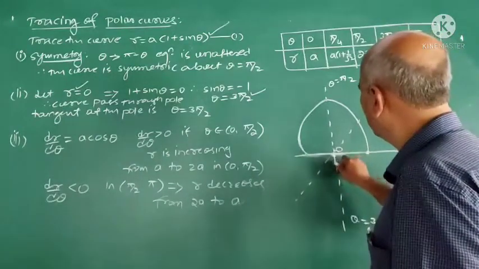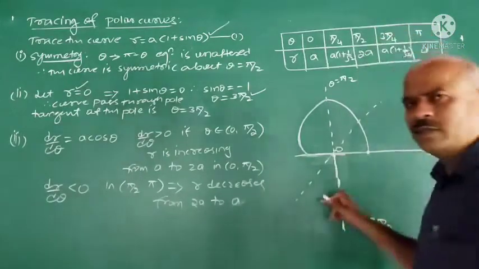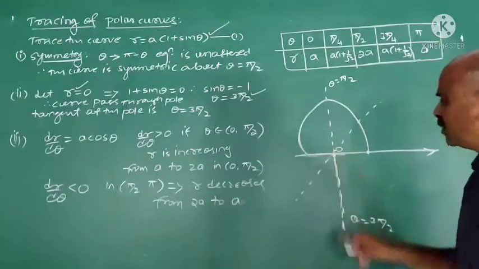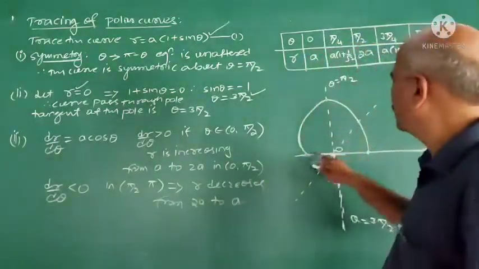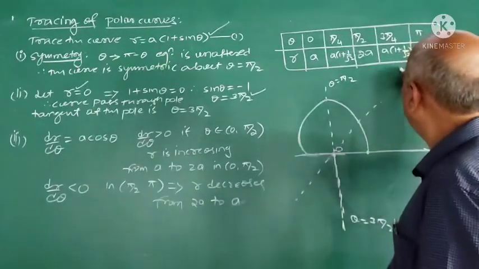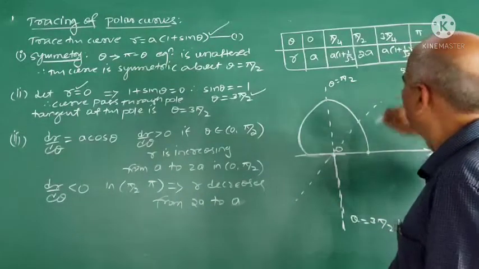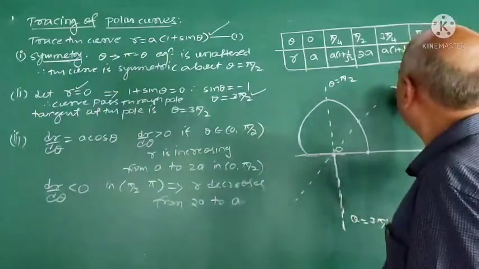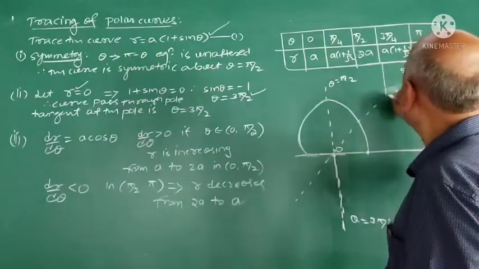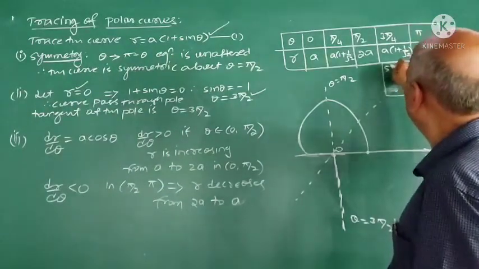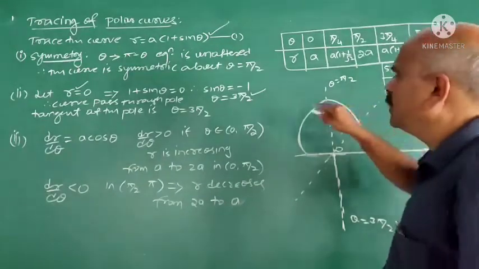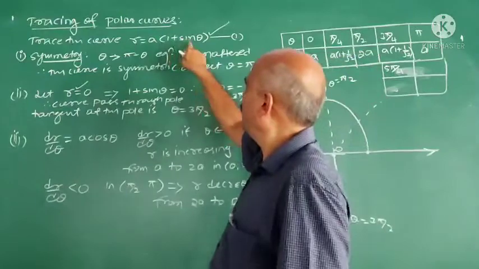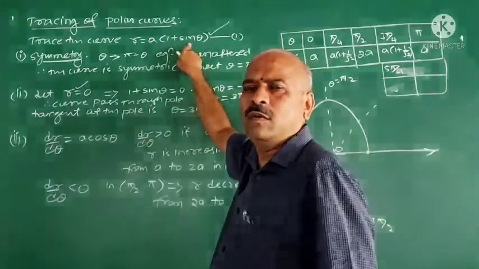This is the tangent, theta equal to 3 pi by 2 is the tangent. And I take 5 pi by 4. R is a into 1 plus sin 5 pi by 4.